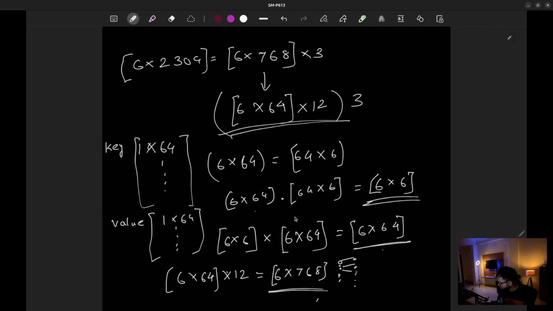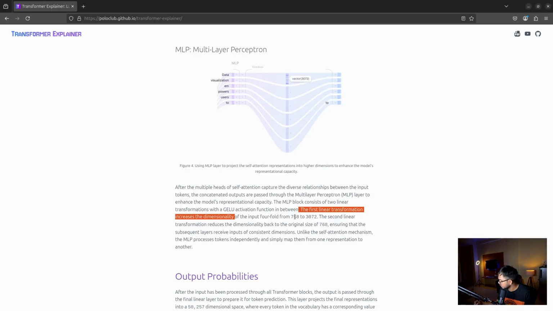Let's say this is the first part of the MLP layer, the linear layer. When this goes through the linear layer, the dimensionality is increased by 4, so we will get a dimension of 6 into 3072.